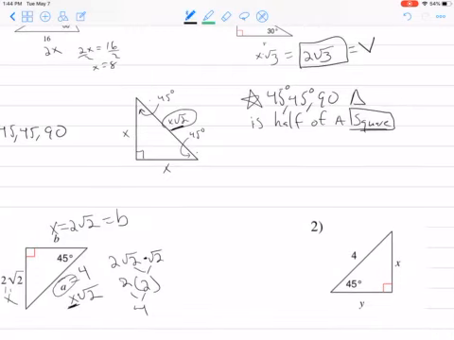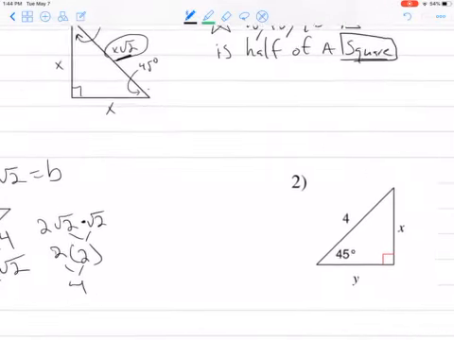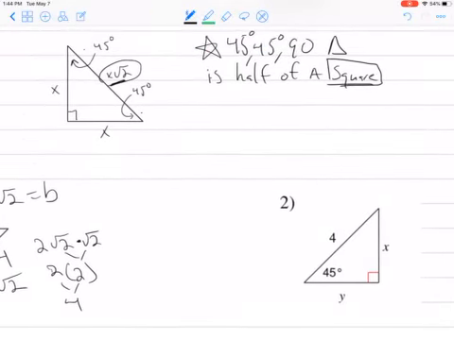Let's go on over here to our last example. We have another 45, 45, 90. So that means this is x. That means this is x. And that means that 4 is the same as x times root 2. I believe that's right.